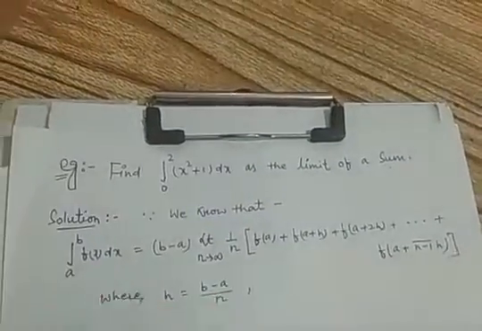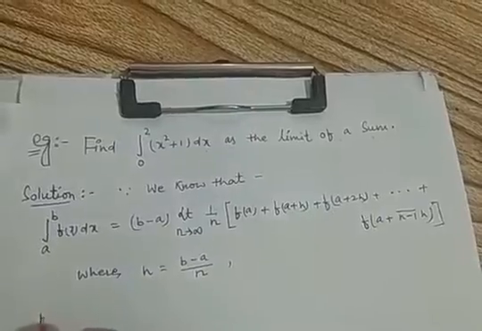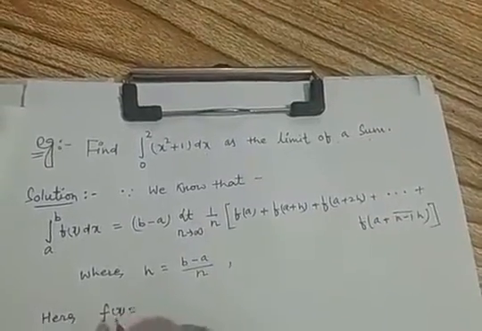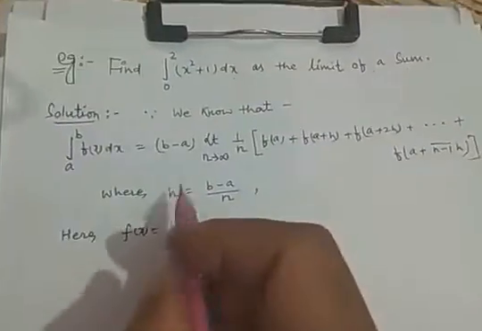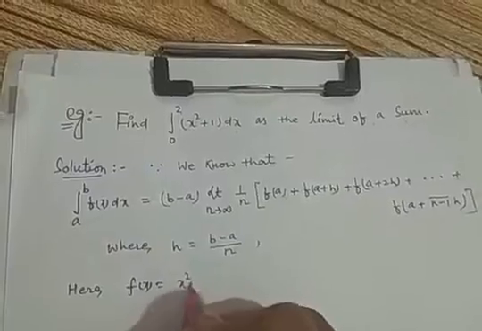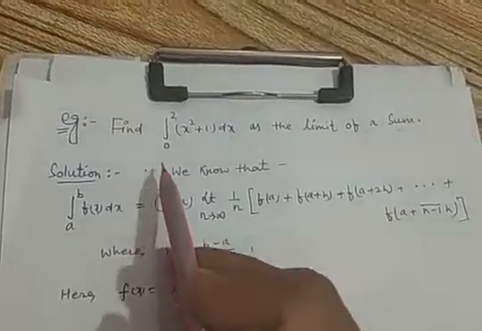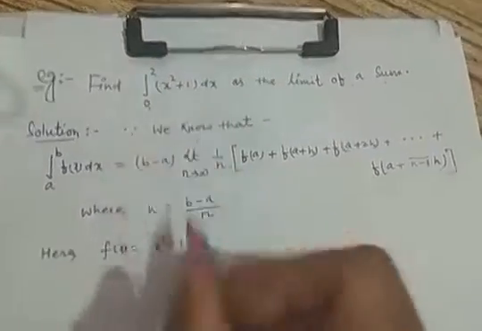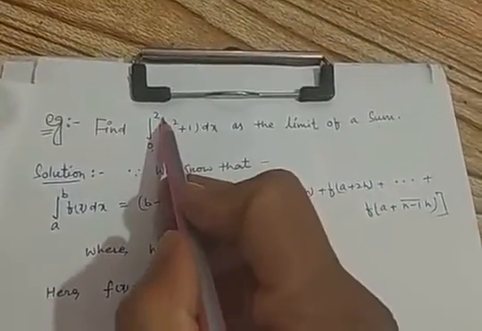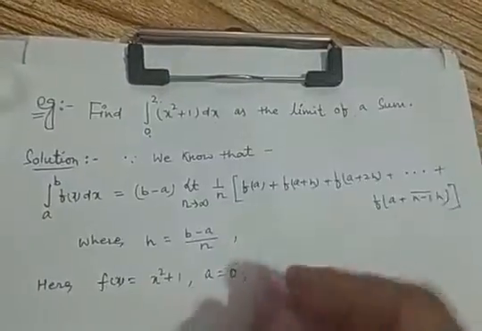Here from the question, f(x) is equal to x square plus 1, a is equal to 0 and b is equal to 2.